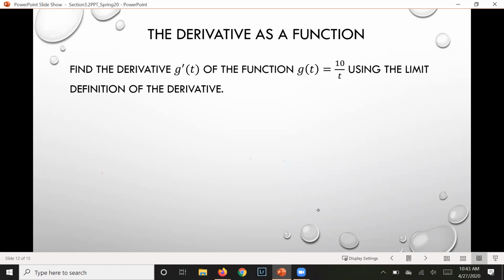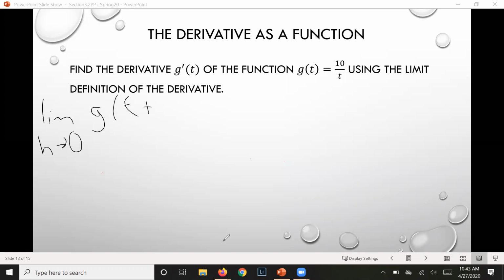And remember, our limit definition says that we take the limit as h approaches 0 of, in this case, g of t plus h minus g of t, all divided by h, right?